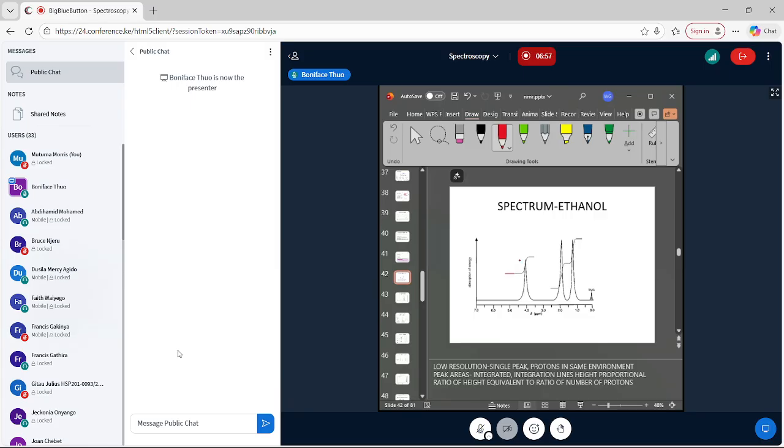The height of these curves, if you measure it in whatever units of length, like millimeters, would correspond to the area under the peak. Okay?